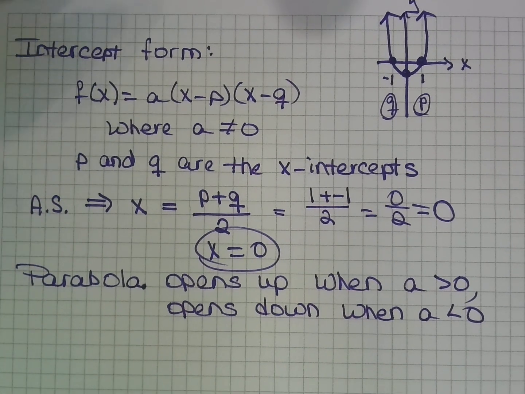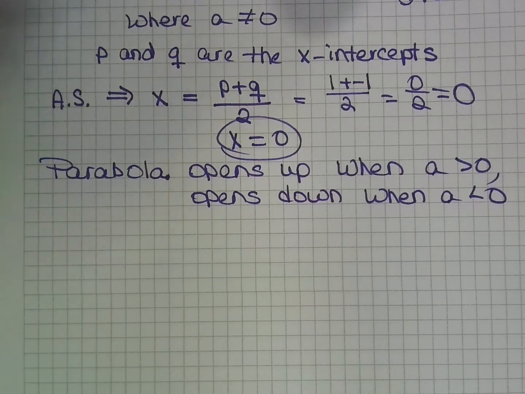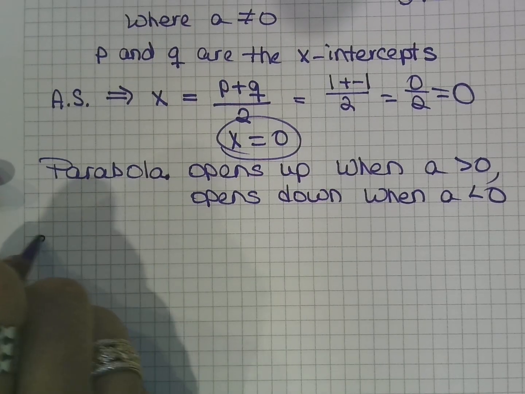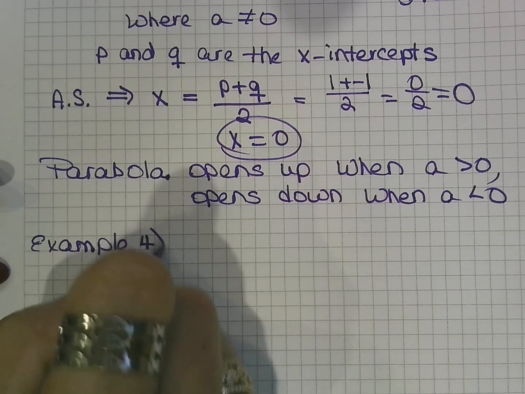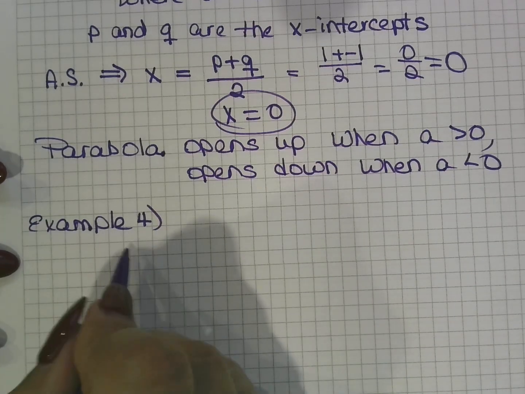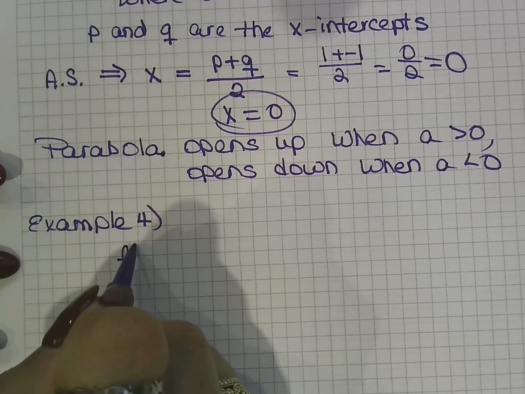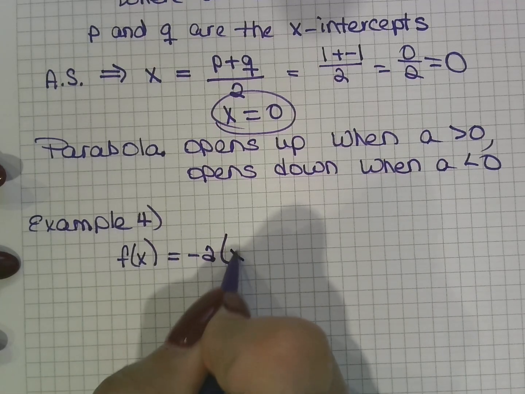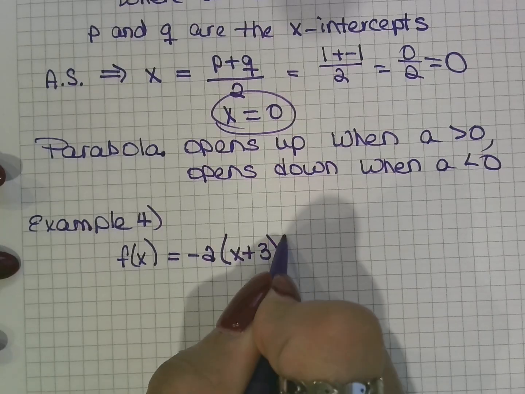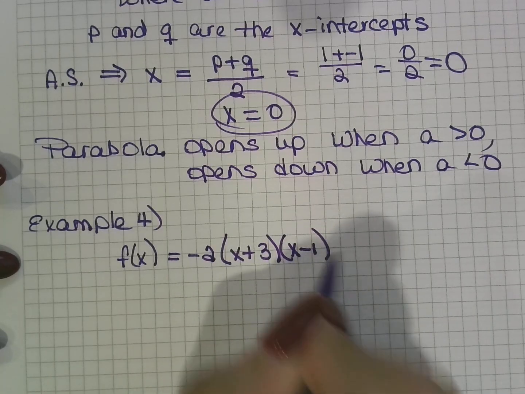Okay, let's take a look at an example with some numbers. This one comes from your book, and it's called Example 4. We have f of x equals negative 2 times x plus 3 times x minus 1.